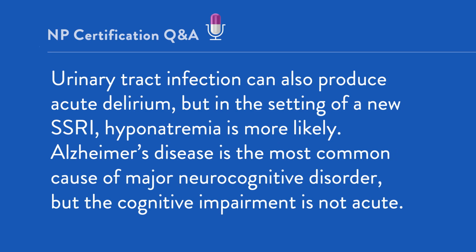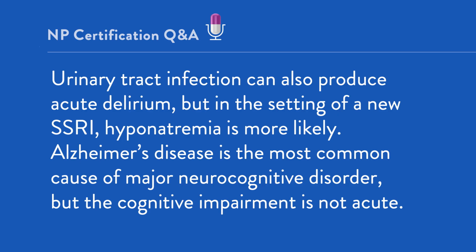Now, urinary tract infection can also produce an acute mental status change in an older adult. In fact, if you've ever taken any courses with me talking about the older adult in general or mental health on the older adult specifically, I'm sure you've heard me say that if you have an older adult with a new onset mental status change, one of the first things you have to do is a UA.